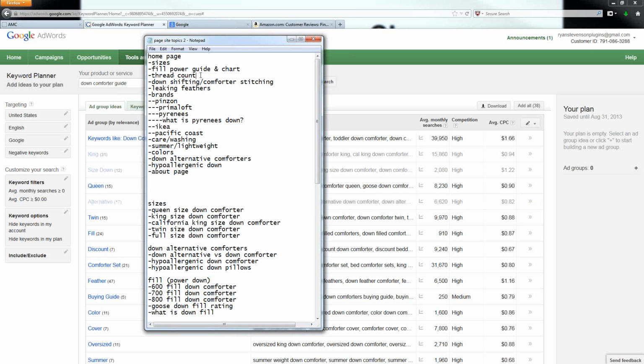For example, if you have a page that's talking about down comforters and it's spitting out terminology at you like fill power and thread count and stitching and alternative down and all this other stuff, you might not know what all that means unless they actually explain it to you.